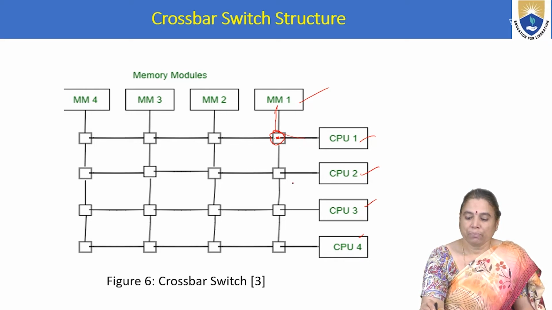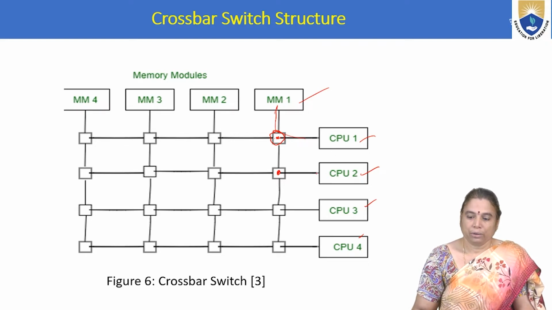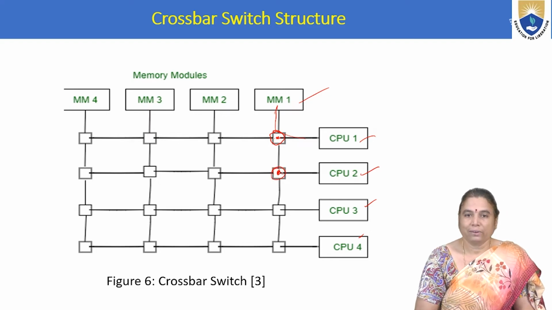A separate communication path can be established for communication of each processor with each memory unit, and no fixed priority can be defined for the processors for communication. The switching logic itself establishes the communication path between the processor and the memory module. But the design of the switching logic is a complex task.